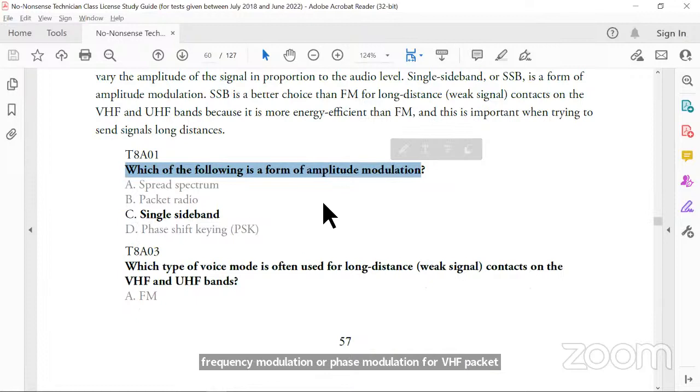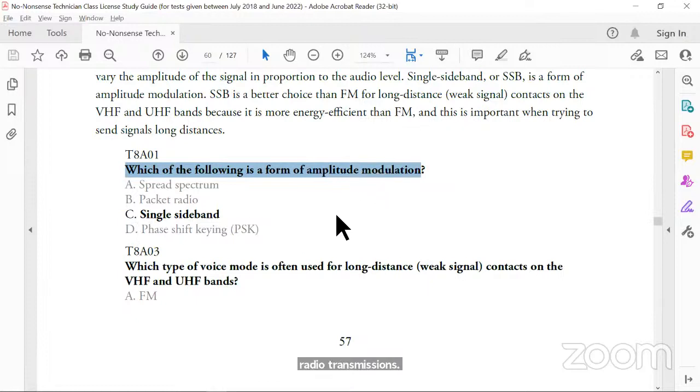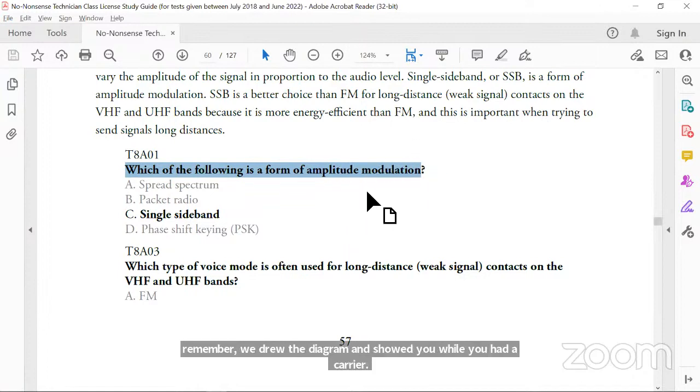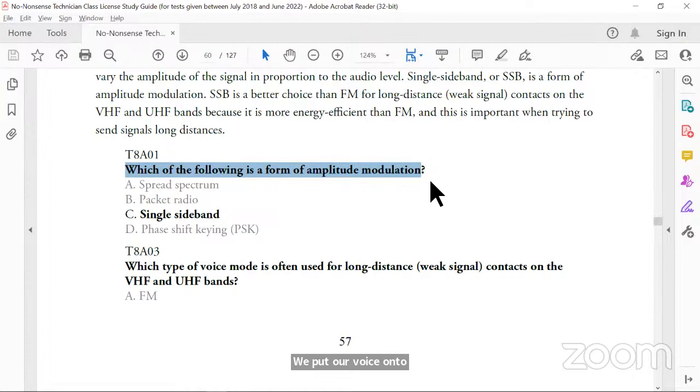Which of the following is a form of amplitude modulation? So remember, we drew the diagram and showed you, well, you had the carrier, we put our voice onto it, and it modulates, so it's amplitude modulation. But we said we can strip off the carrier, strip off one of the sidebands, and that is called single sideband.